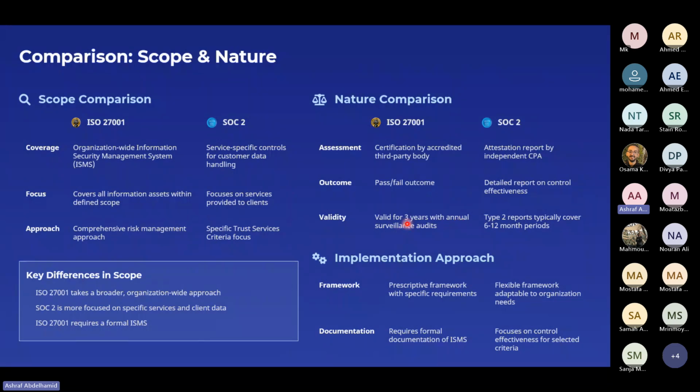The recertification will be a challenge, and it's going to be a complete audit from scratch. So once you have the certification, it will be valid for 3 years. We have annual surveillance to ensure that the system is running, and this will help on the recertification after 3 years.